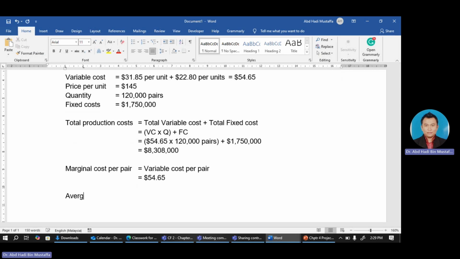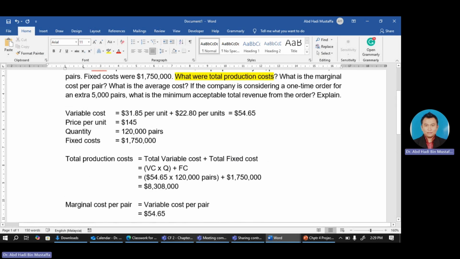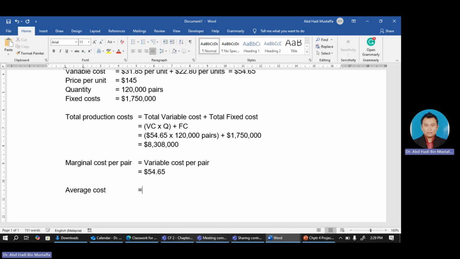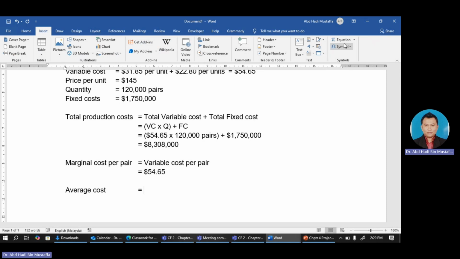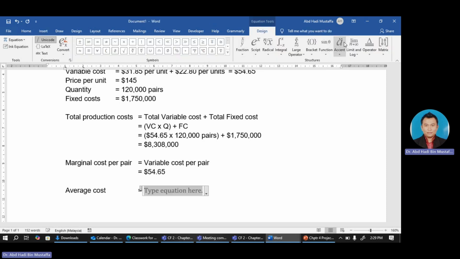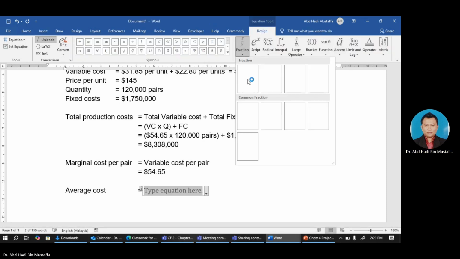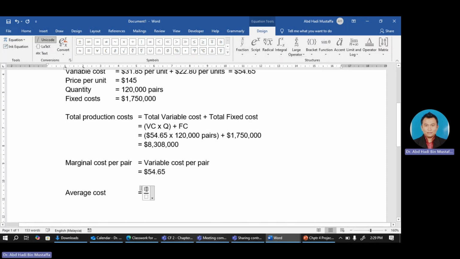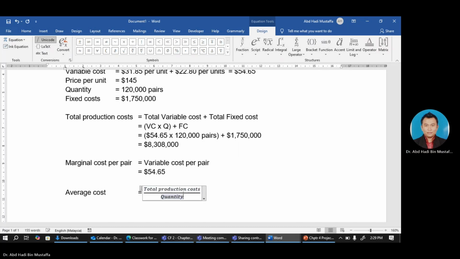Now, the next part is average total cost. For average cost, the formula will be simple because of the word average, you need to average with the quantity. Logically the formula should be total production cost divided by quantity.